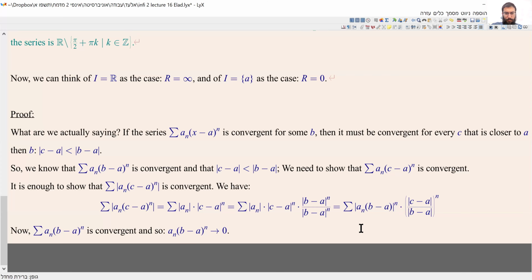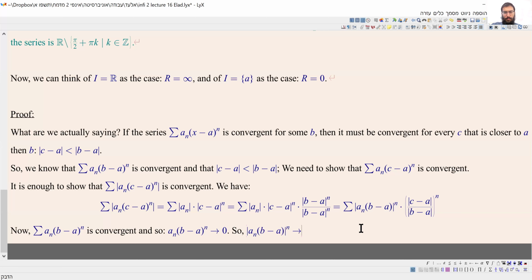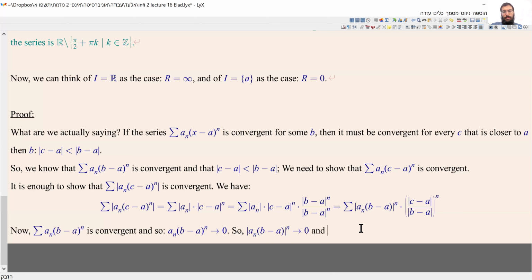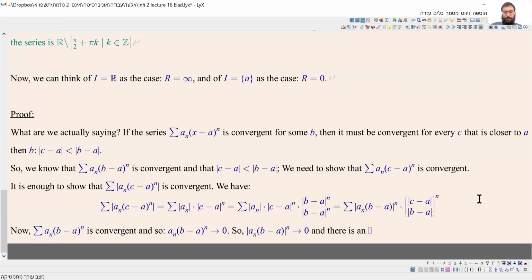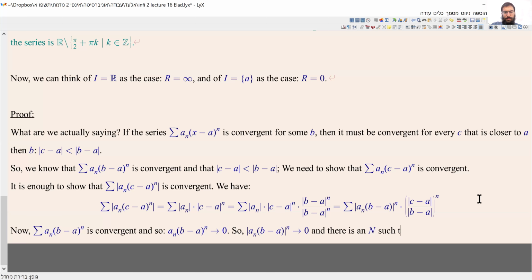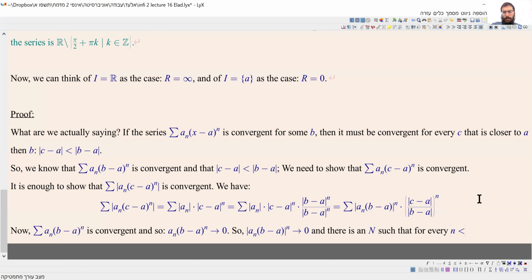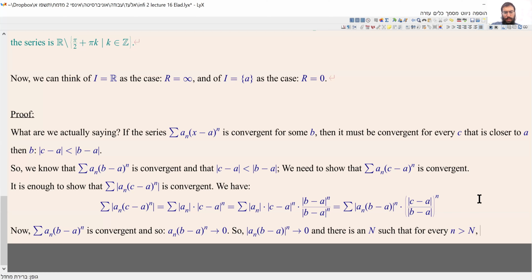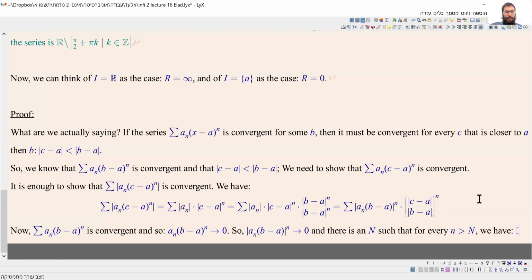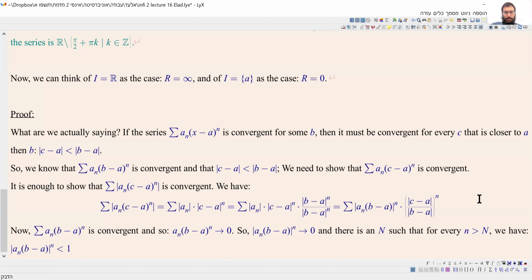We know that if a sequence goes to 0, the absolute value of the sequence goes to 0 as well. And there is an epsilon, some N, such that for every n greater than N, this expression is smaller than 1.